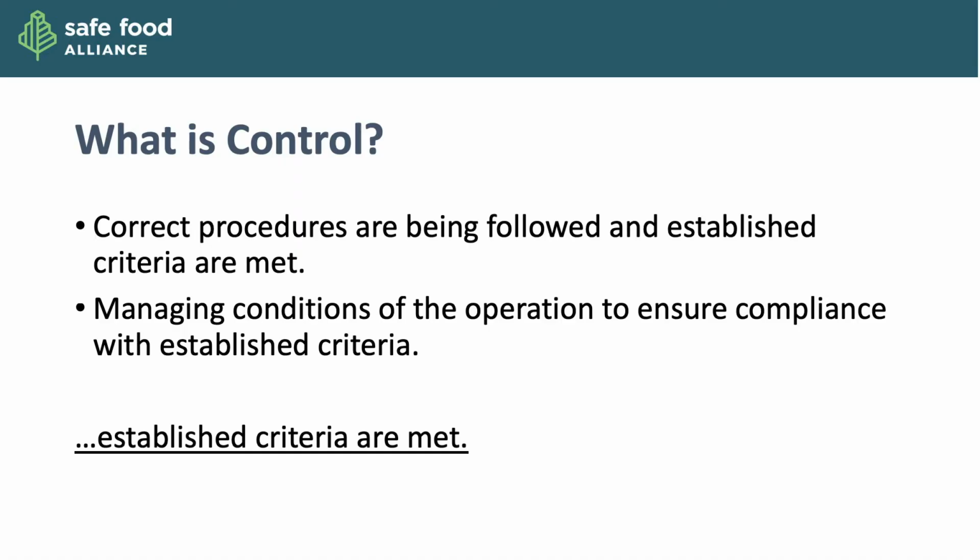So what is control? Well, control may be that correct procedures are being followed in the case of prerequisite programs, and that established criteria are met, right? So that's part of the definition of control. In order to ensure that's happening, we also have to manage conditions of the operation to ensure compliance with the procedures or with the expectation.